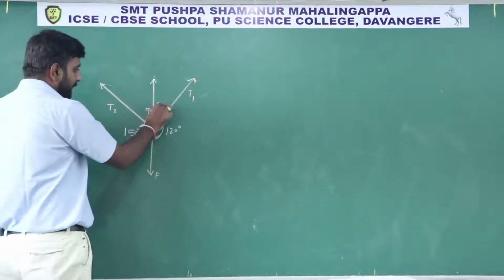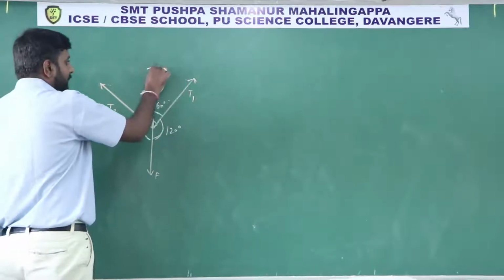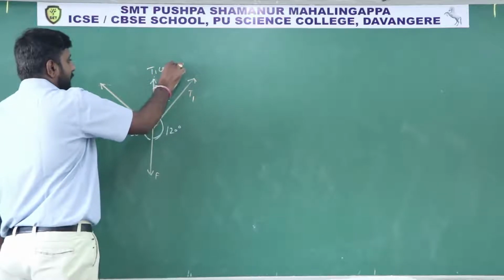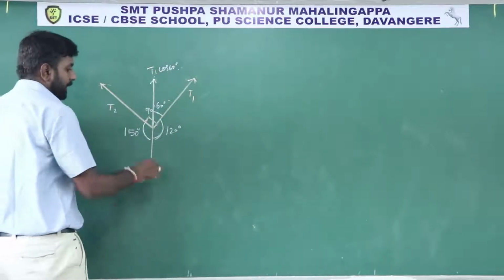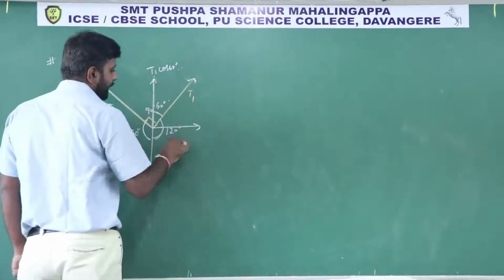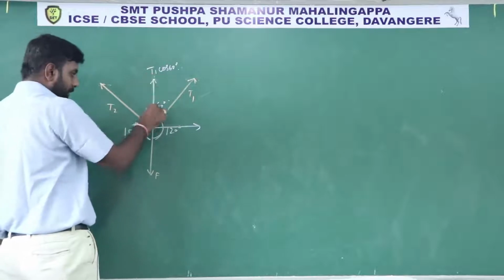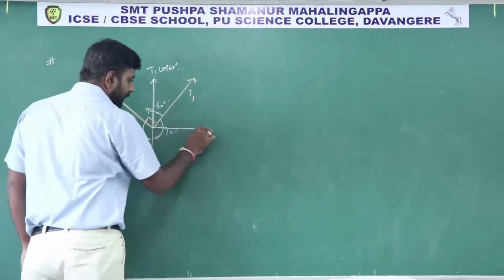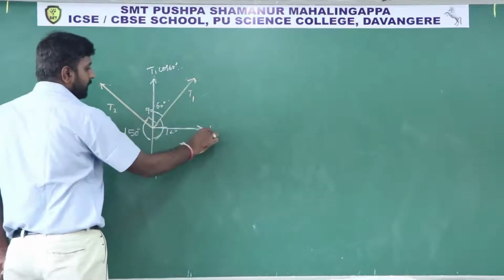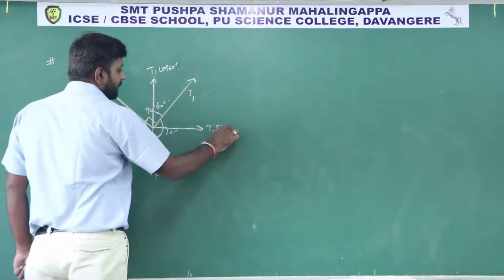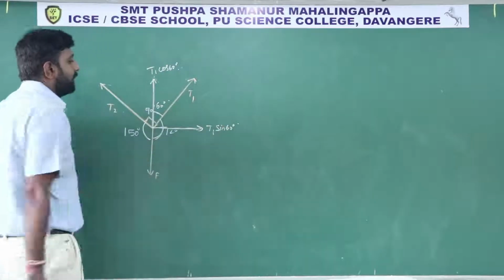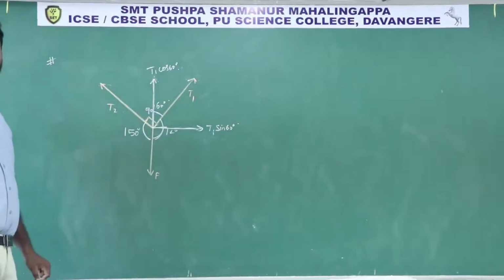So this becomes 60 degrees. Then T1 gives T1 cos 60 degrees, the cos component, and one more component, which we take perpendicular to the first component. That will become T1 sin 60 degrees. So we have resolved T1.